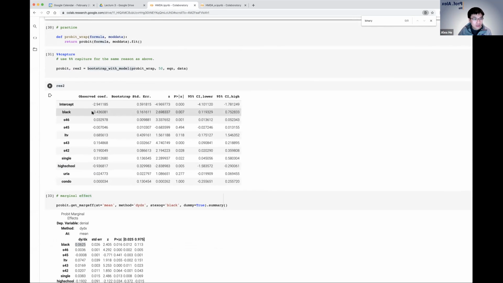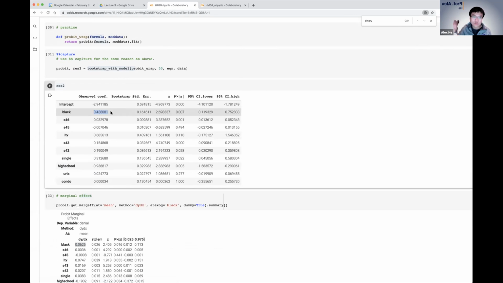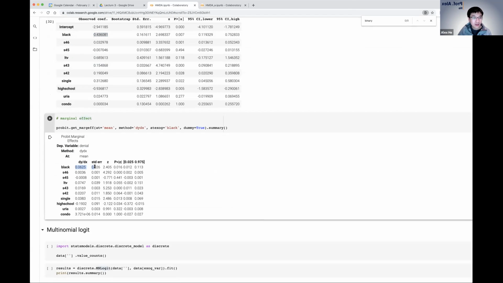If you only look at the coefficient, it's very hard to know. For Logit, you still have the odds ratio interpretation, but for Probit, this number itself doesn't mean anything, okay? So you have to take the derivative and multiply that by the PDF to get the marginal effect. And then you get a very similar number as Logit.